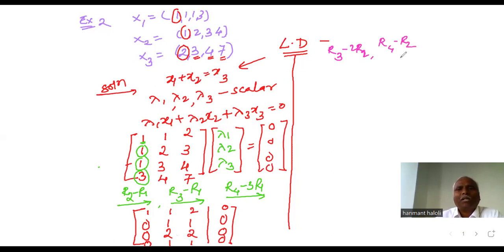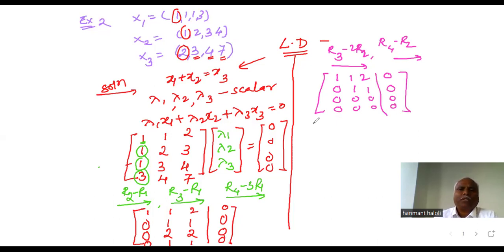These are the next operations. After that, we get the matrix 1, 2, 1, 2, 0, then 0, 1, 1, 0. All entries you get 0, 0.